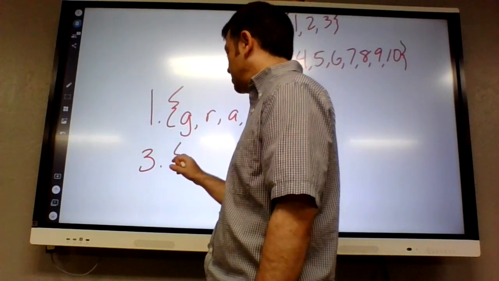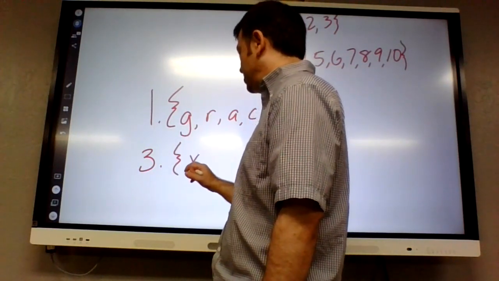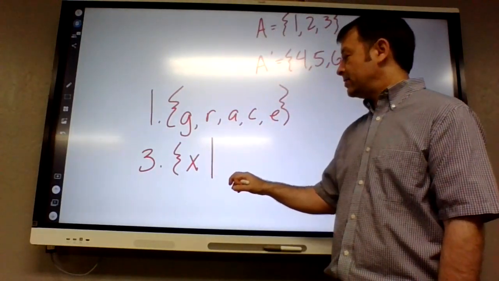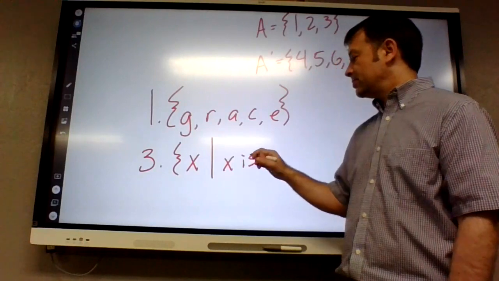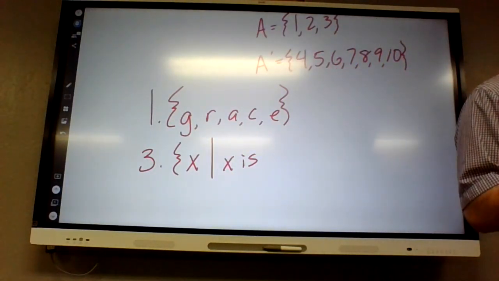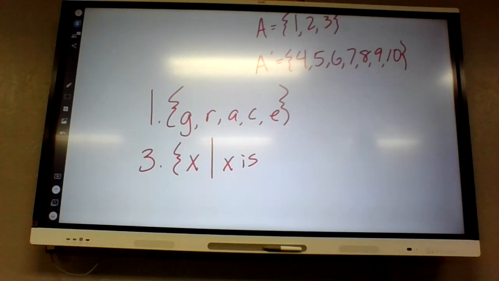Okay, so on number 3, builder notation, you're going to start with x, then put the vertical line, and say x is what? So what are some ways, without listing it out, we could describe the numbers 2, 4, 6, and 8?